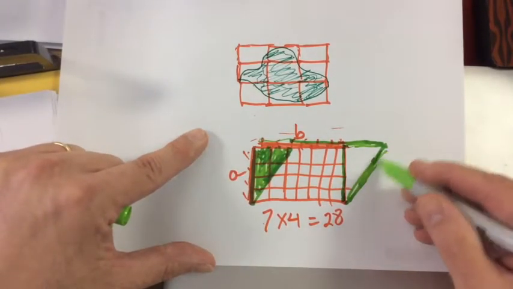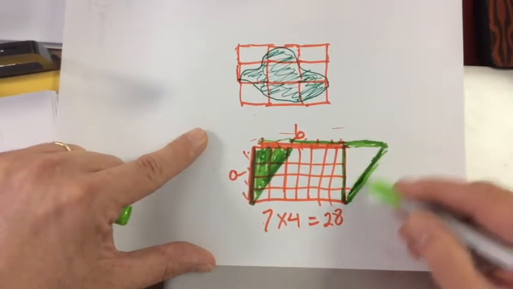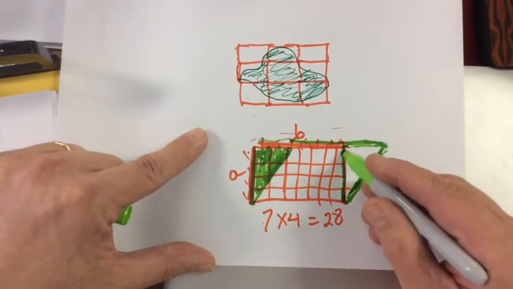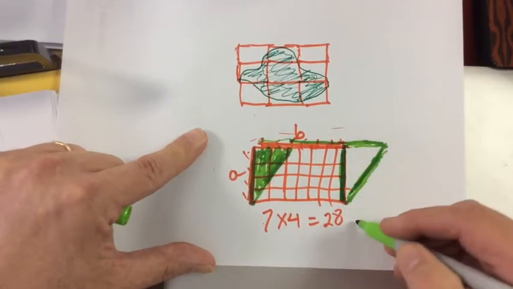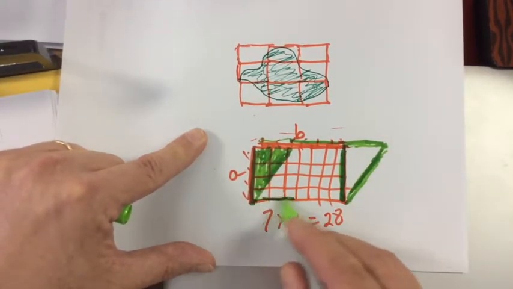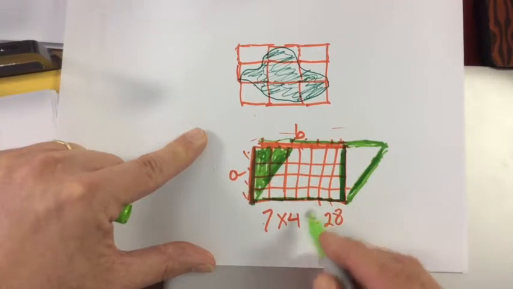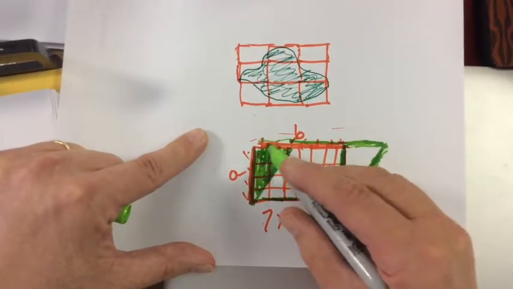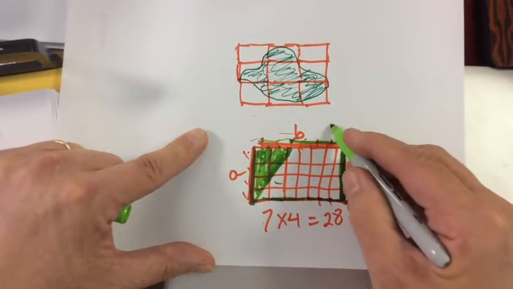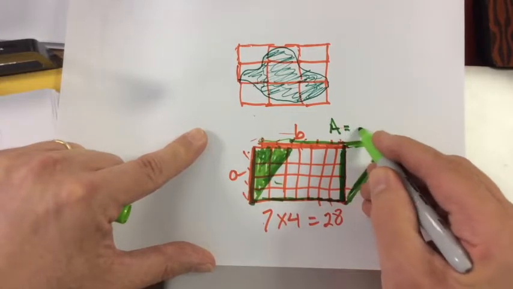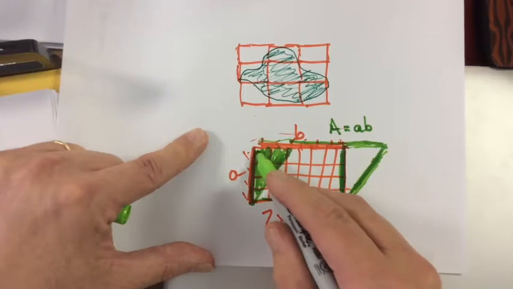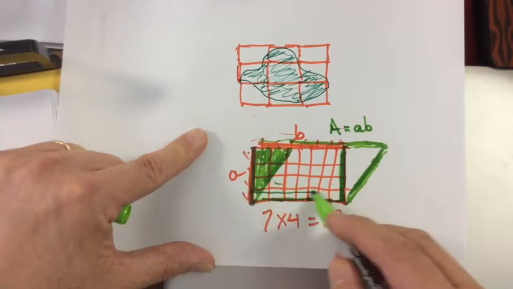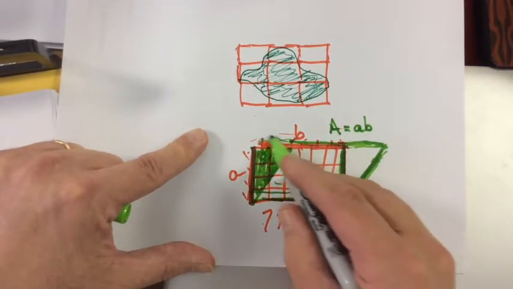So although it makes this side slanted, that's not really something we care about. What we care about is the size of the height and the size of the base. So here, for this parallelogram, the area of this would be A times B, just like it was for the rectangle that I started out with.